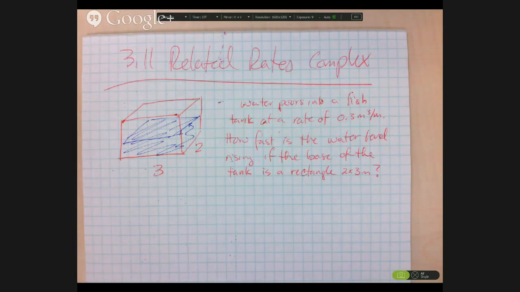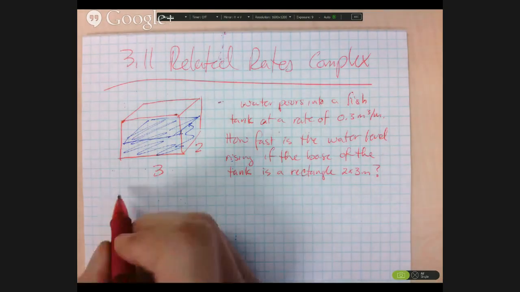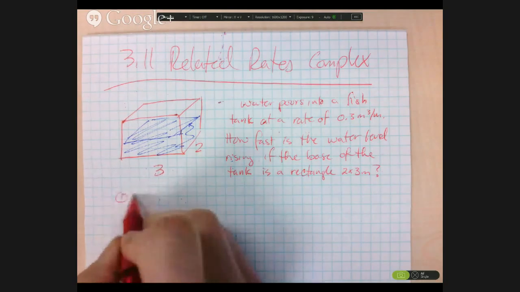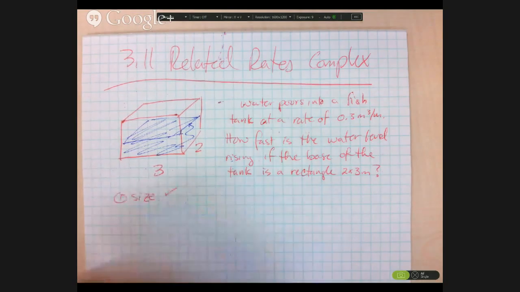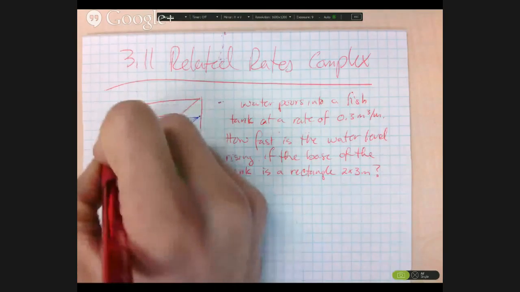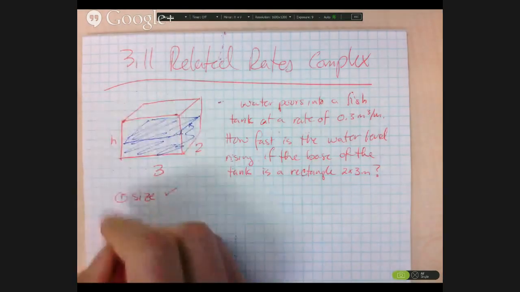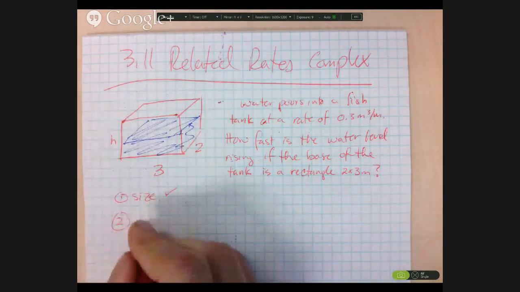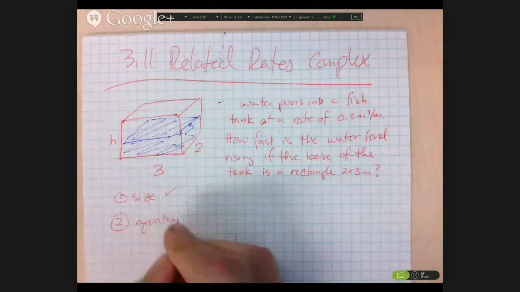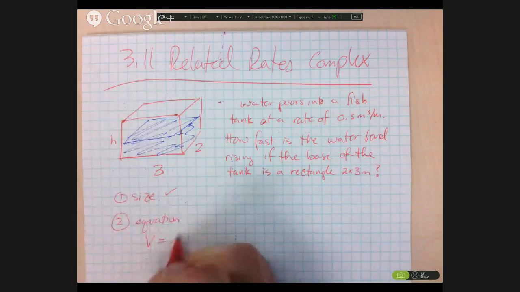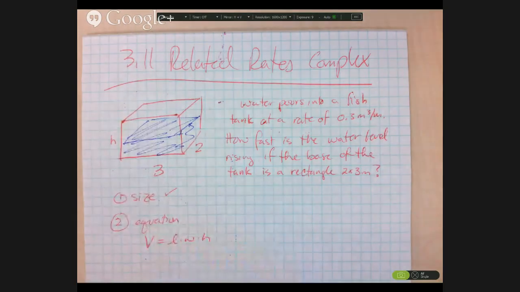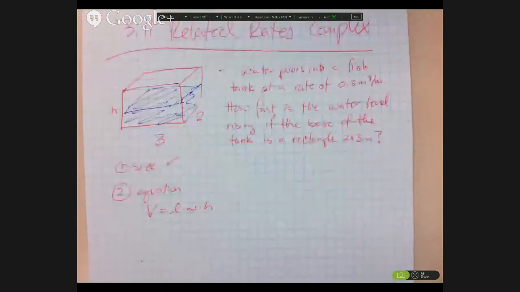Okay, what was the first thing we said to do? Okay, we already know the size of the shape, right? And this is H. What equation are we going to use? Yeah, volume of a rectangular prism.